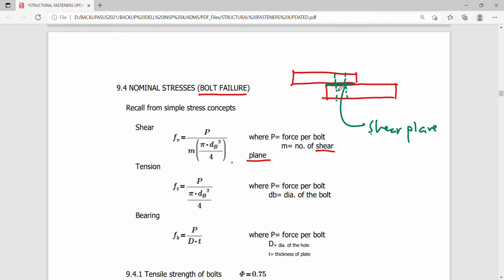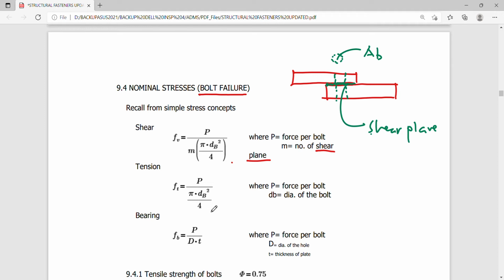Hence, the area considered on the bolt is simply this area AB. Okay, so the number of shear plane in this case is 1. So this is 1 times the area of the bolt. Okay, so this is the area of the bolt.